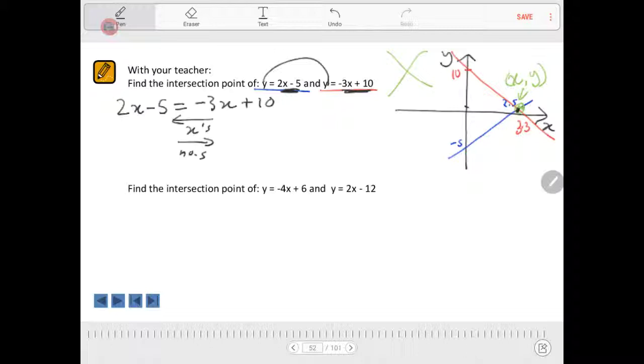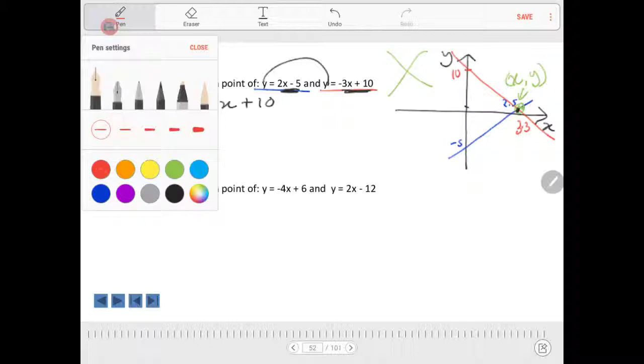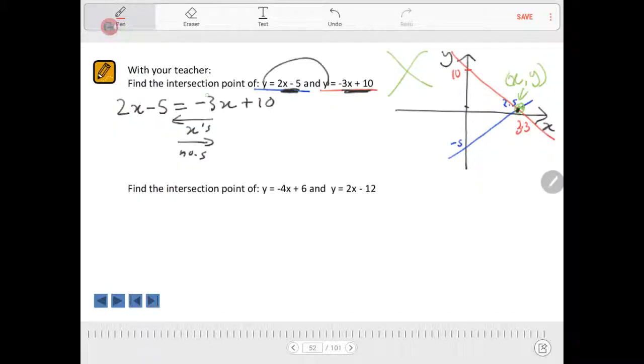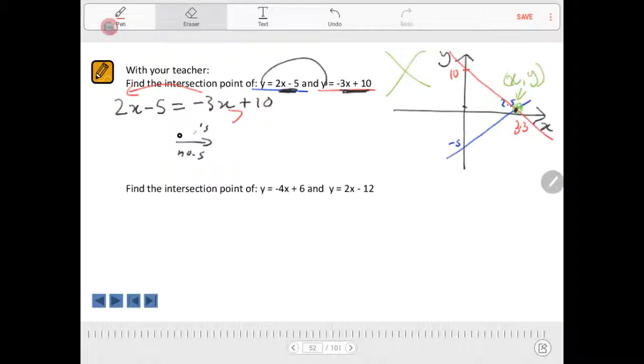Righto, so I'll erase that in a moment actually. Let's do this. So this negative 3x is going to come over this side, and this negative 5 is going to come over to this side.